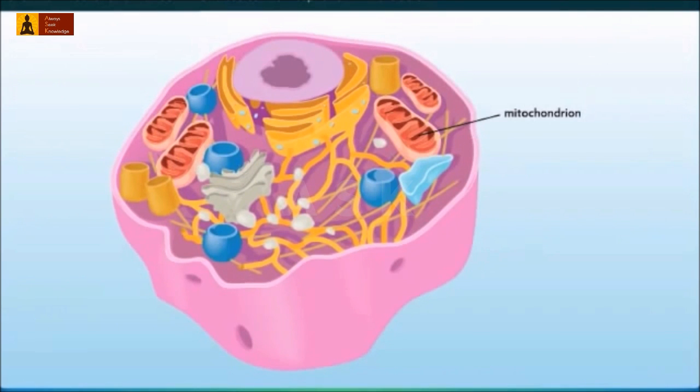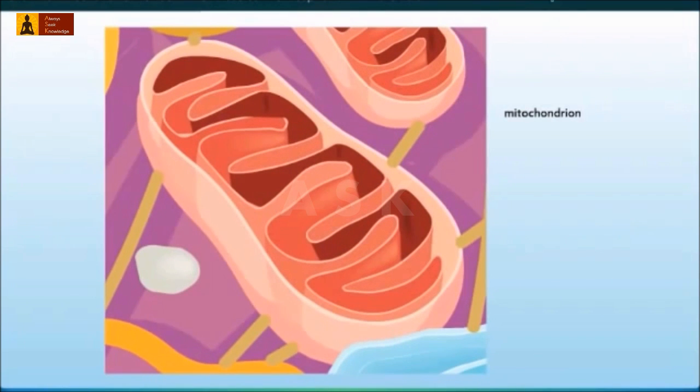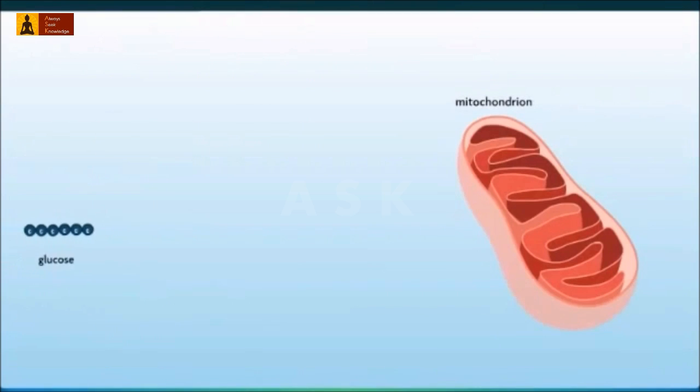Cellular respiration releases chemical energy from sugars and other carbon-based molecules to make ATP molecules. Cellular respiration is an aerobic process, which means that it needs oxygen to take place. The aerobic part of cellular respiration takes place in the mitochondria. Let's click on the mitochondria.